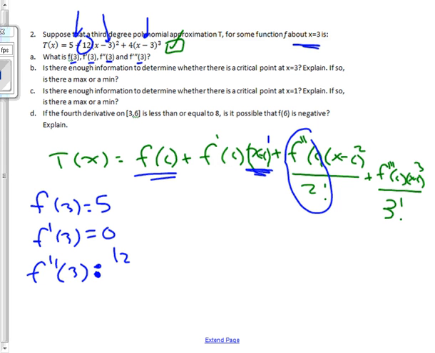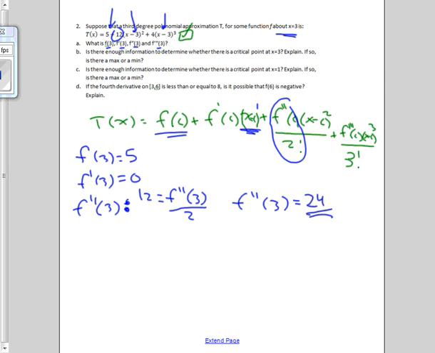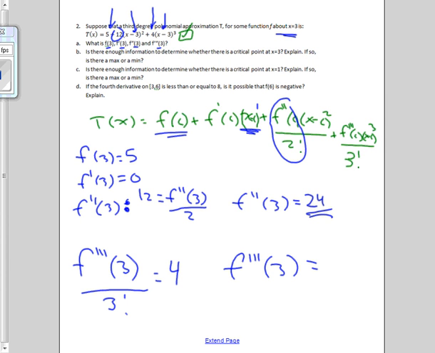To find this out, we know that 12 equals f double prime of 3 over 2, so f double prime of 3 equals 24. And lastly, f triple prime of 3 over 3 factorial equals 4, so f triple prime of 3 equals, multiplying that out, also 24.